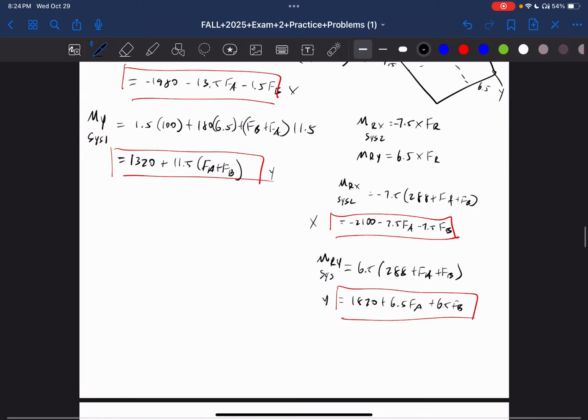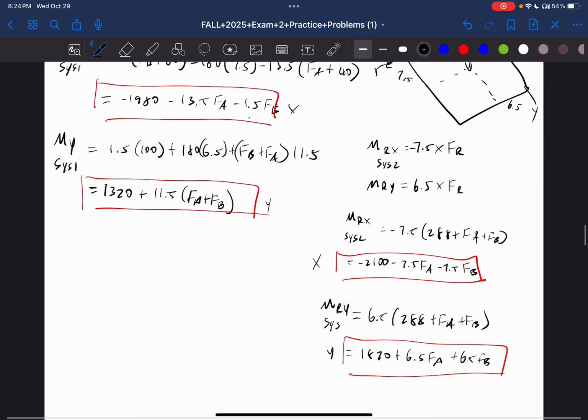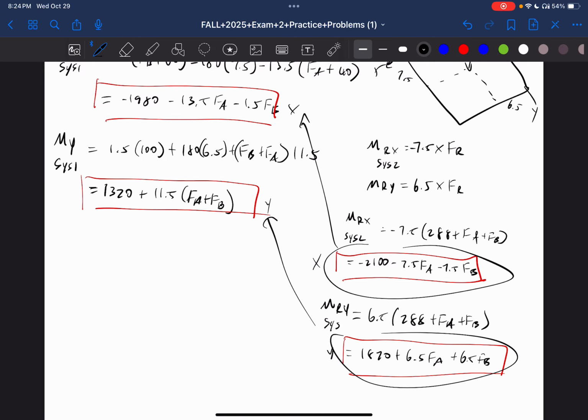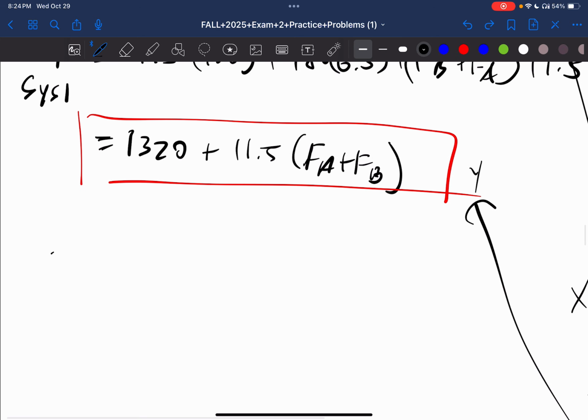So we can just set these two equations equal to system 1's equations. So basically set this one equal to this, set this one equal to that, and then just solve for FA and FB. System equations, not really that hard. If we do this one equal to this one, what you end up with is FA minus FB equals 20.